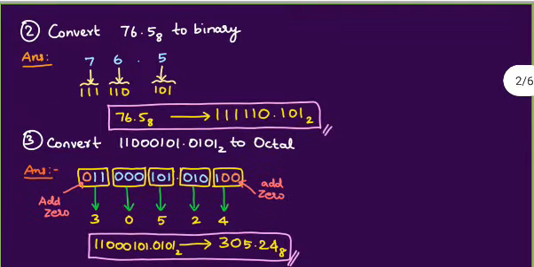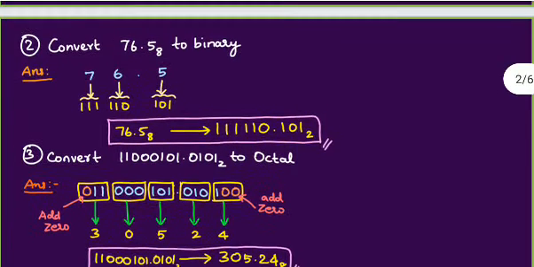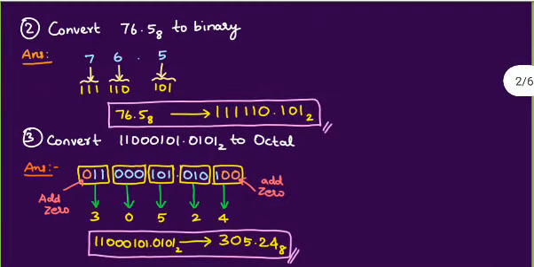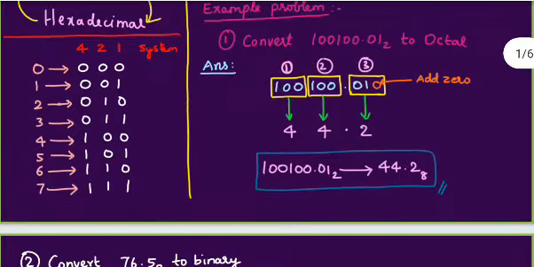So we'll see the next problem. Convert octal to binary again. Previously we saw binary to octal, now we are going to see octal to binary. 76.5 is the given octal number. We want to calculate the binary equivalent. What is the binary equivalent of octal digit 7? 111. It is there in the left hand 4 2 1 system.